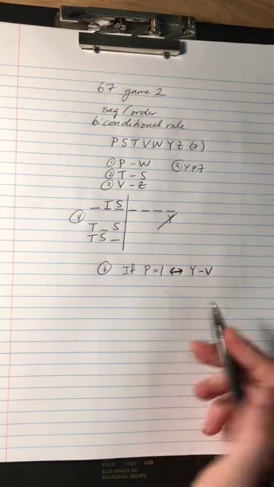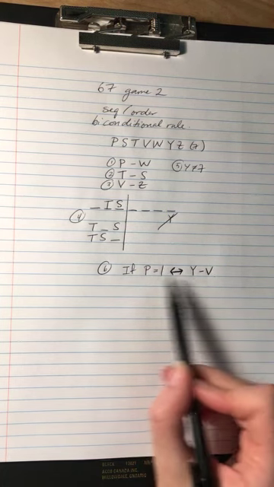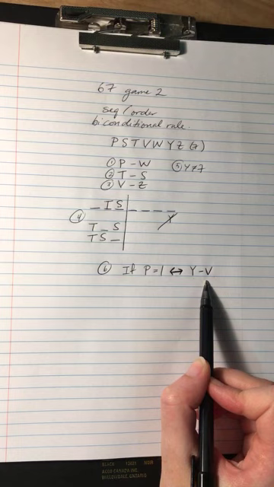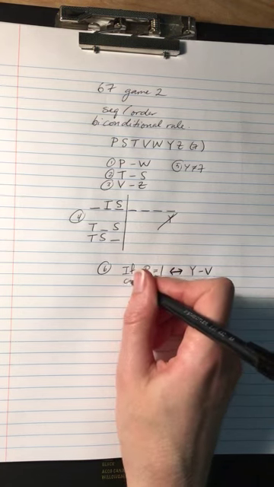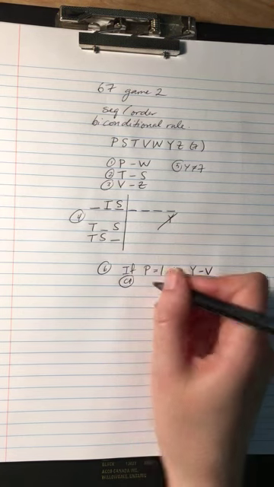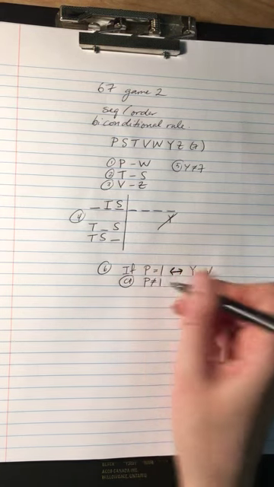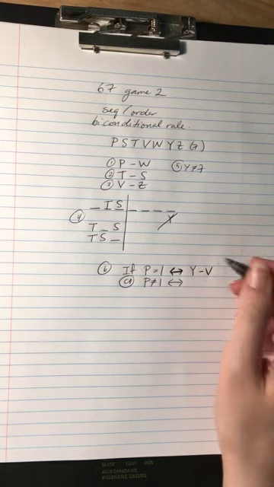So because it's biconditional, both terms here are going to be sufficient and necessary to infer the other. And then we can create a contrapositive simply by negating the whole thing.